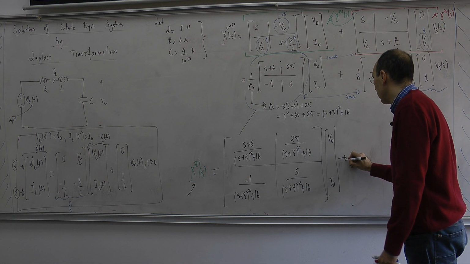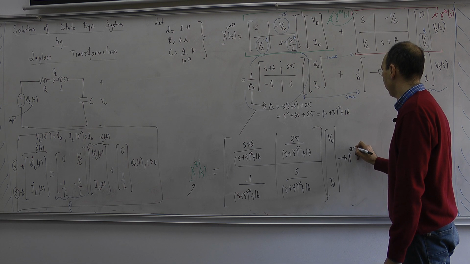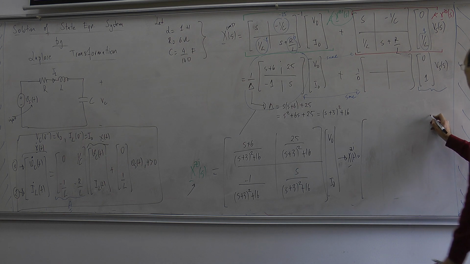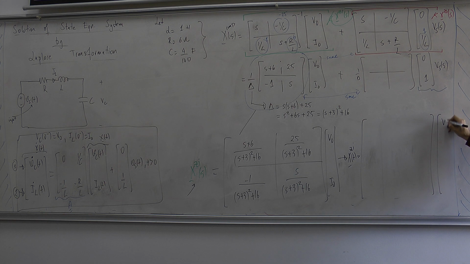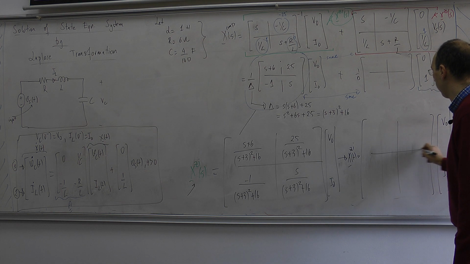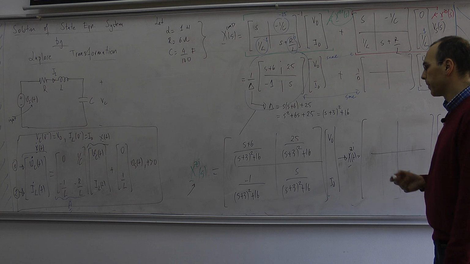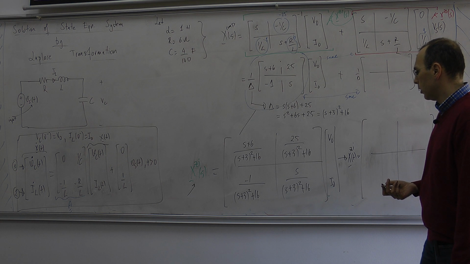So then let me write it smaller, because I may need more space. So this is V naught, I naught, and so on. Okay. So how can I take the inverse Laplace of this? That is the issue.